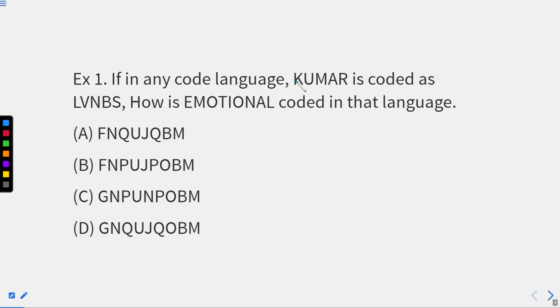First you need to see how the K of Kumar is coded as L. You already know the place value of K, that is 11, and the place value of L, that is 12. So addition of 1 is there. After K you are supposed to add 1, after U you are supposed to add 1. In a similar manner you'll get the complete code.